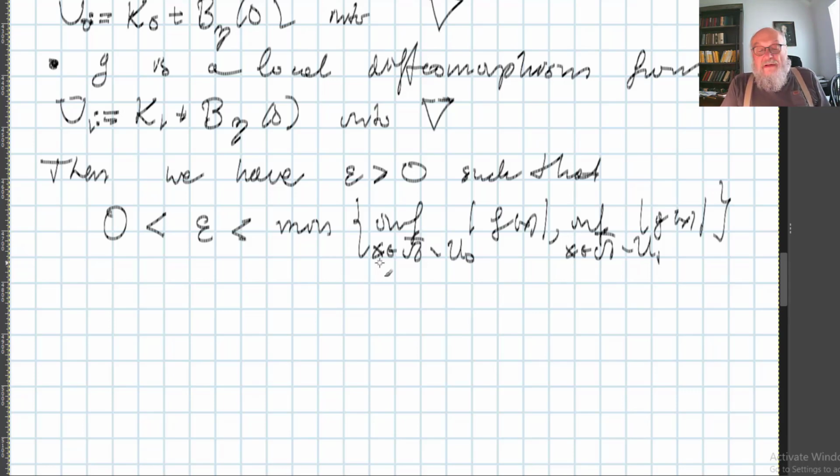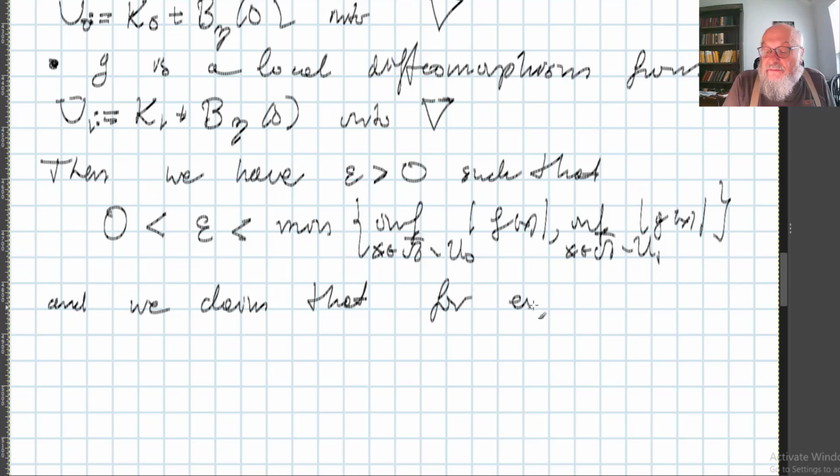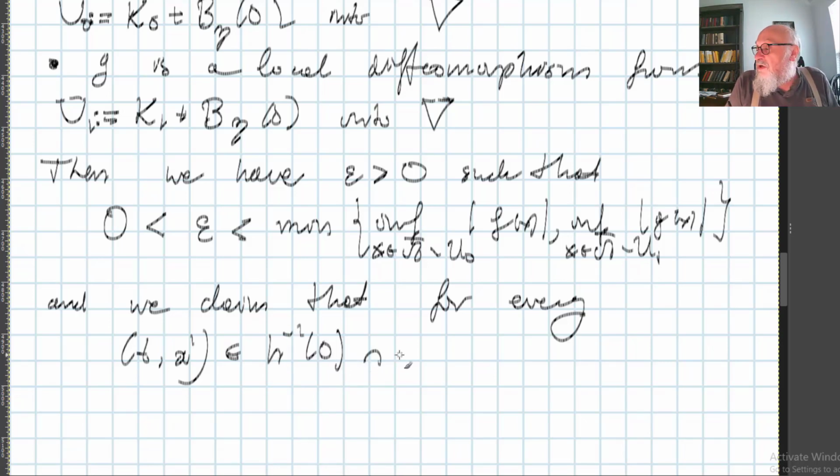So now we claim that for every t, and I put here x prime just not to mix it up too much, belonging to h minus 1 of 0 intersection 0, 1 times omega, we have zeros in omega.